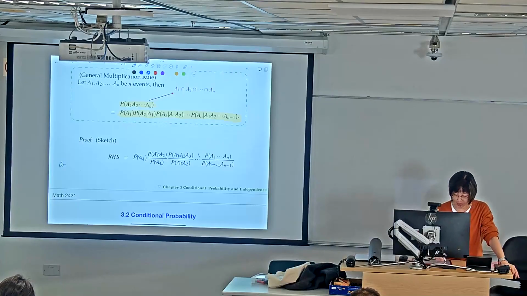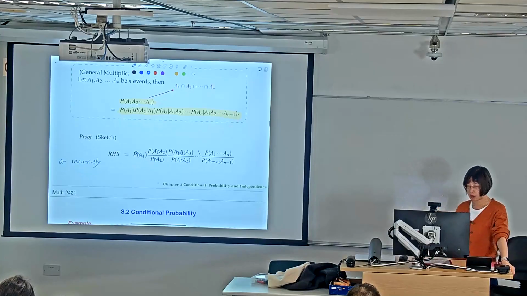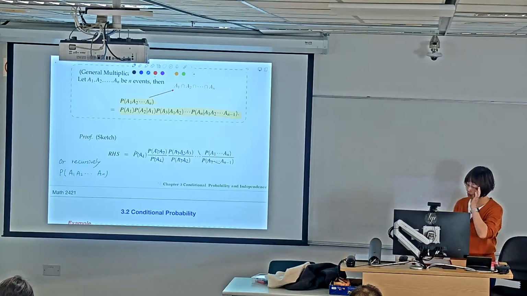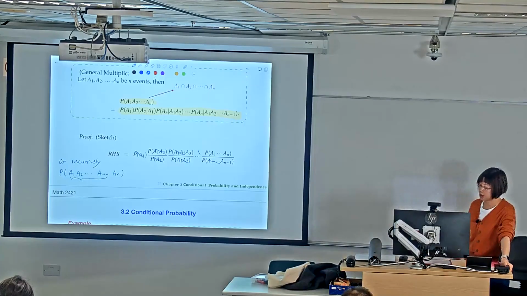Another proof is that you can apply the multiplication rule for two events recursively. This helps you to derive it. You don't need to memorize it, because essentially it comes from the basic multiplication rule. If you view the probability of the intersection of n events as the probability of the intersection of two events, you can view the intersection of the first n minus 1 events as one event.